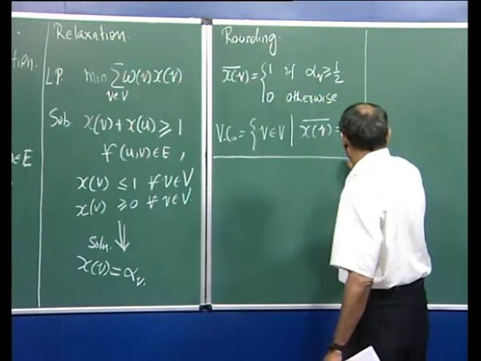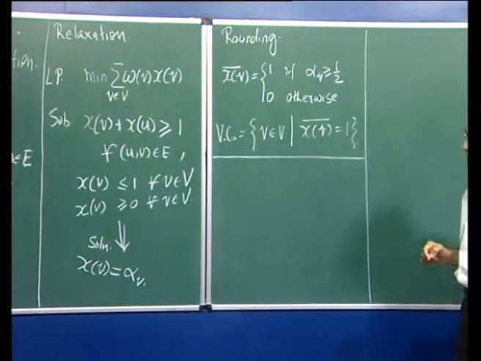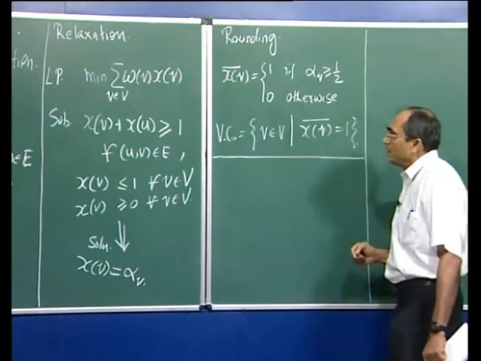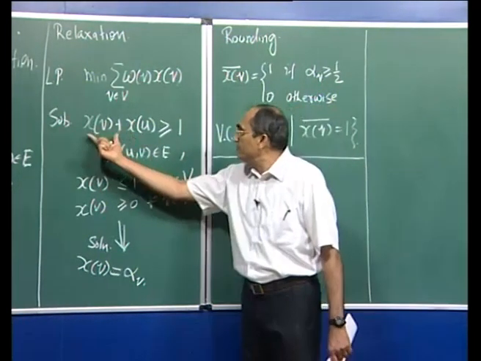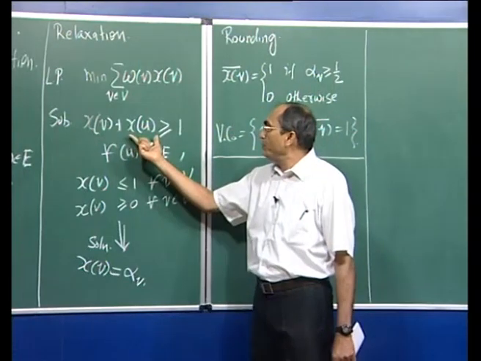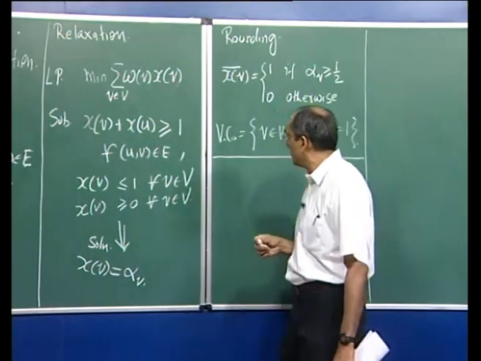All right. So, firstly, notice that for every edge, this plus this is at least 1.